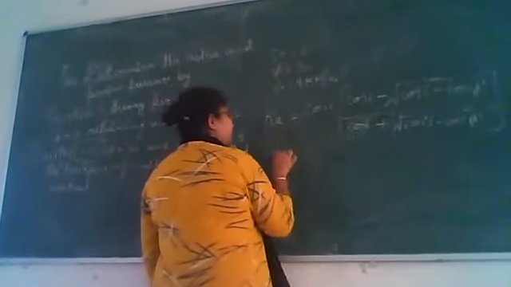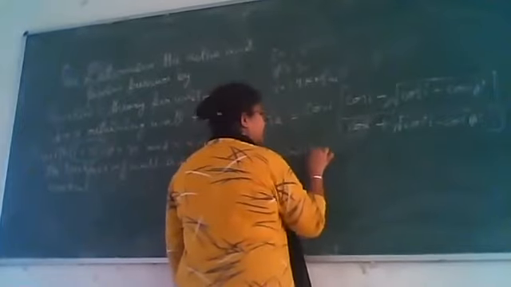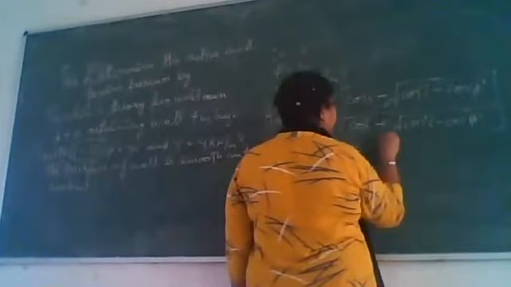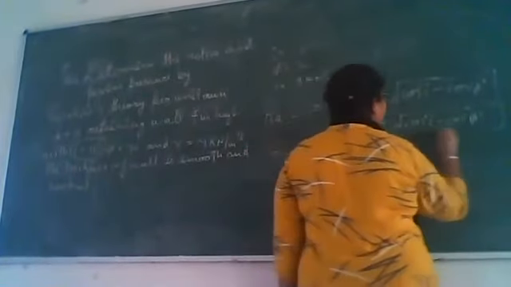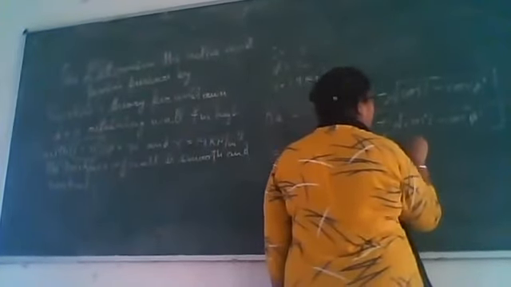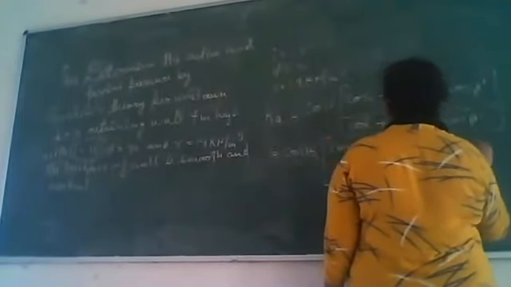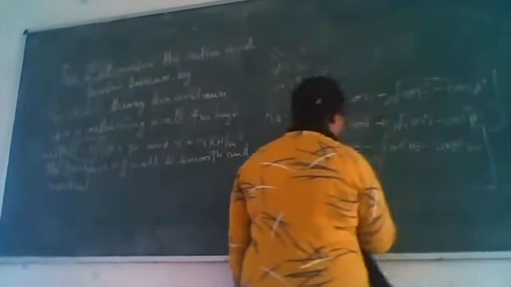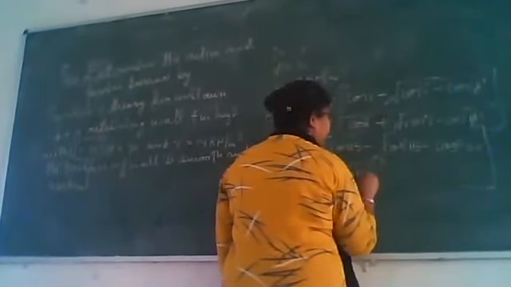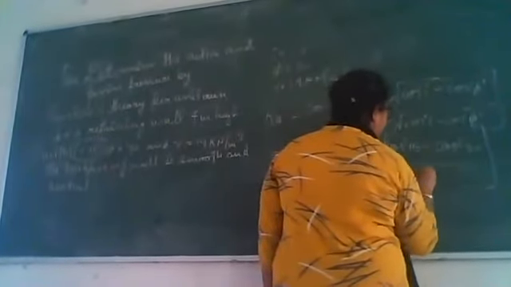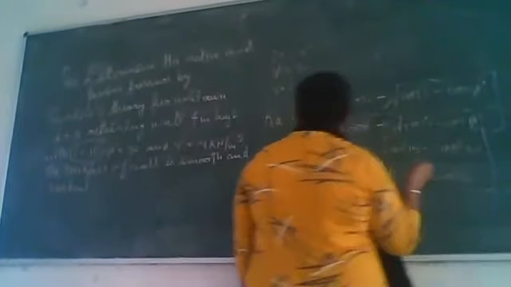So here I is 15. Cos 15 minus under root of cos square 15 minus cos square 30 degree, divided by cos 15 plus under root of cos square 15 minus cos square 30.